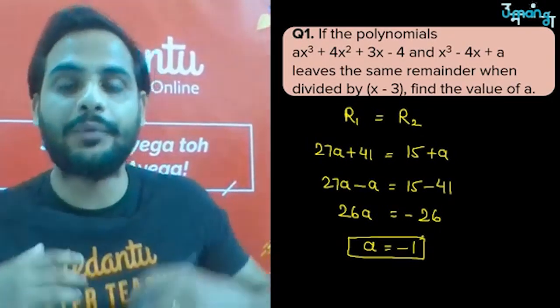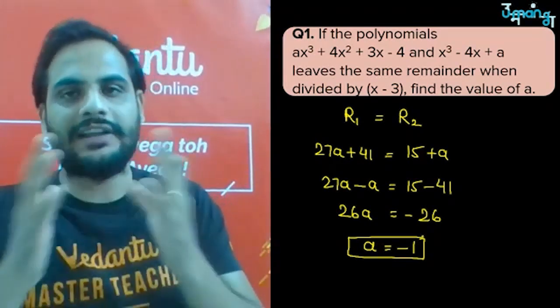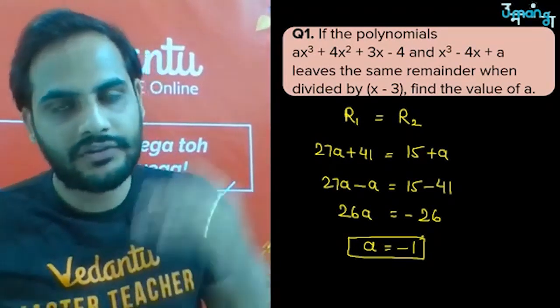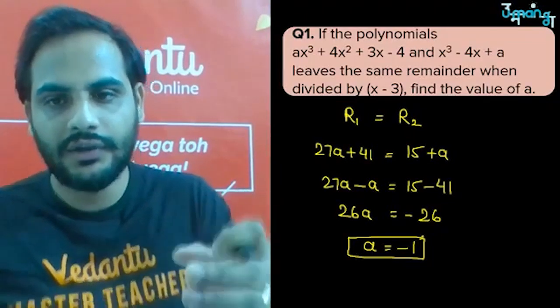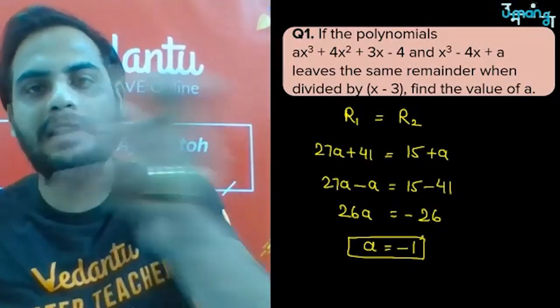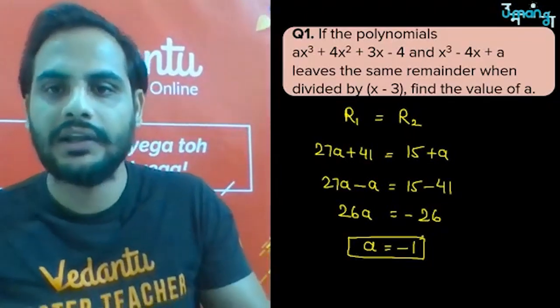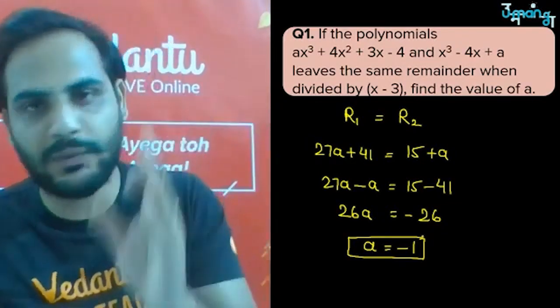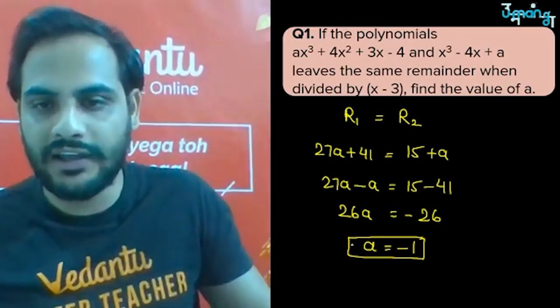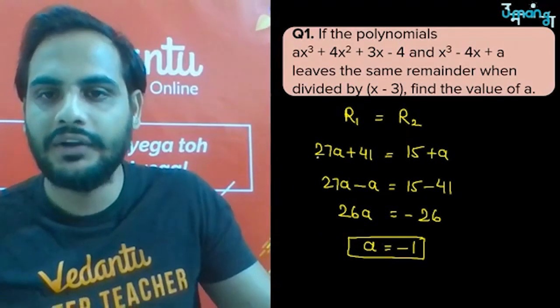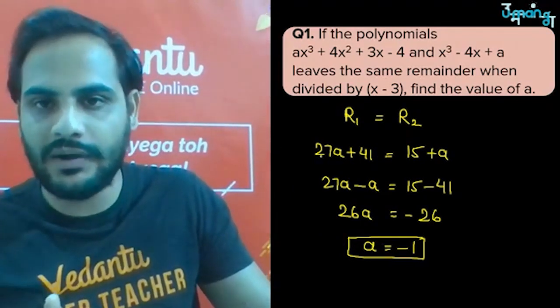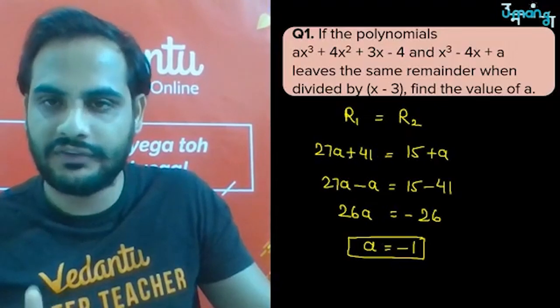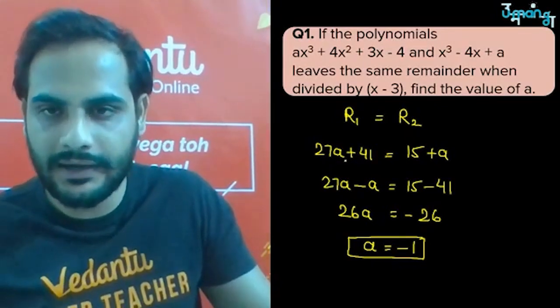Got it? Now suppose if they ask you that tell me what will be your remainder. So now the remainder is same in both the cases. So put a is equal to minus 1 in any of the equation you want. Either put it in equation 1 or in equation 2, your answer will be same. If you put a equal to minus 1 in this part, so 27 into minus 1 is minus 27 plus 41, which is equal to 14, correct?